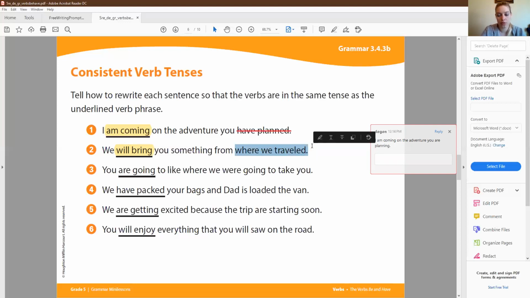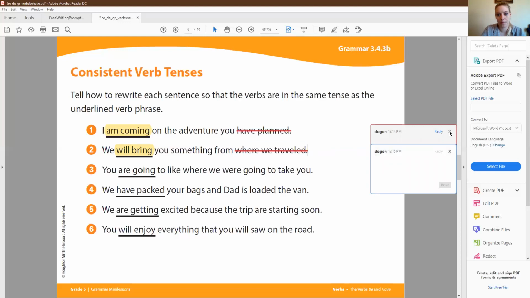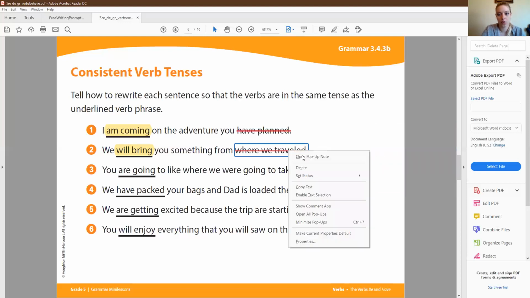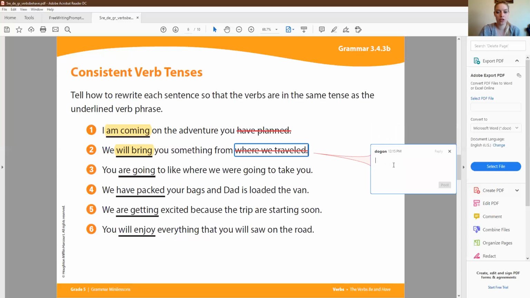So we will bring you something from, this is going to be changed. Now for this one, I'm going to add a note here, and I'm going to change that whole sentence.